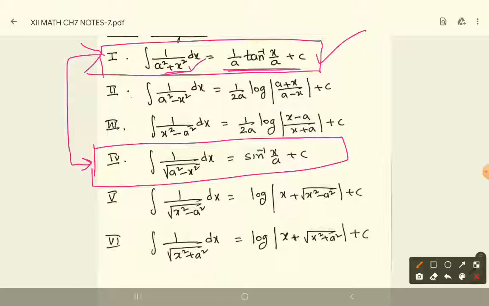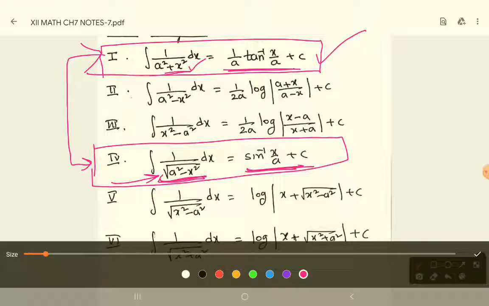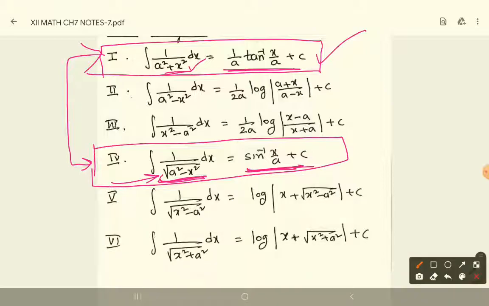Where the denominator has a square root, root over a square minus x square, it is sin inverse x by a. Other than these two formats, any other format is related to the logarithm formulas. See, this is log, log. All log formulas only. Look.